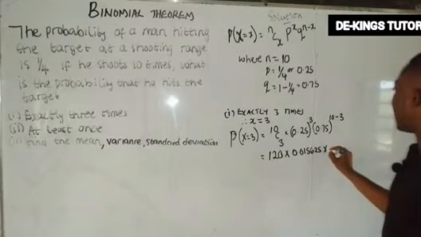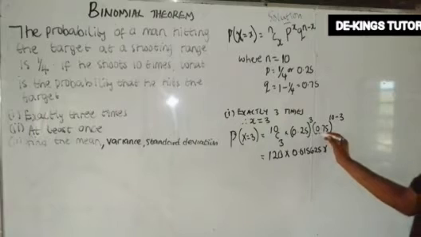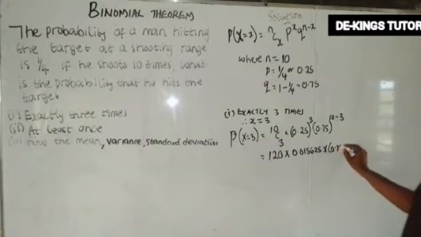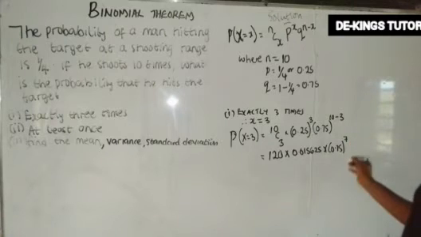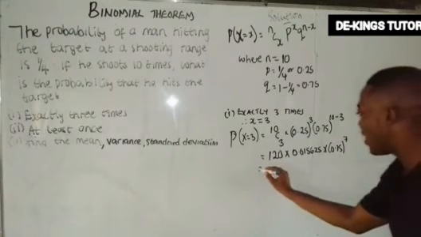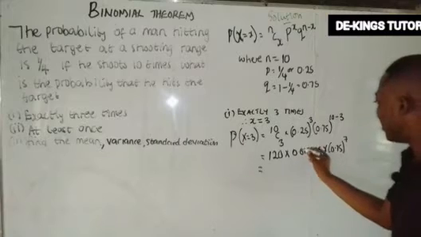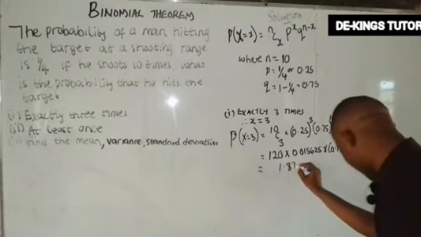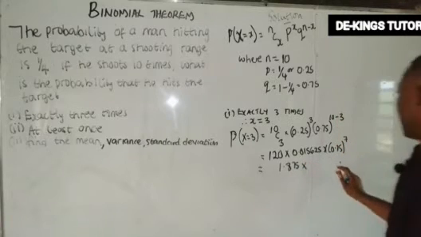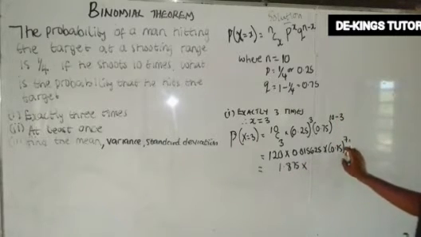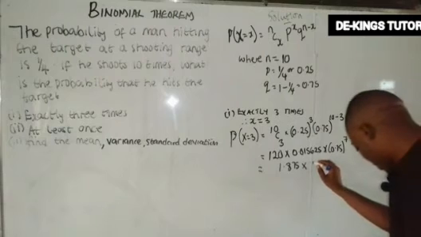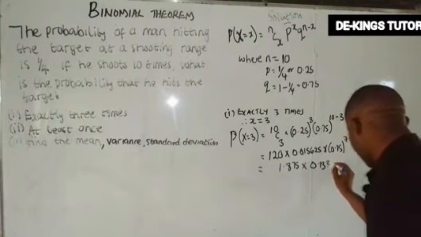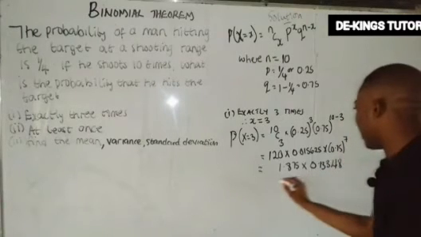0.01565 times, now watch this, 10 minus 3 will give us 0.75 raised to the power 7. Okay, so we'll solve that also. 120 times this will give us 1.875 times, now 0.75 raised to the power of 7 will give us 0.13348.